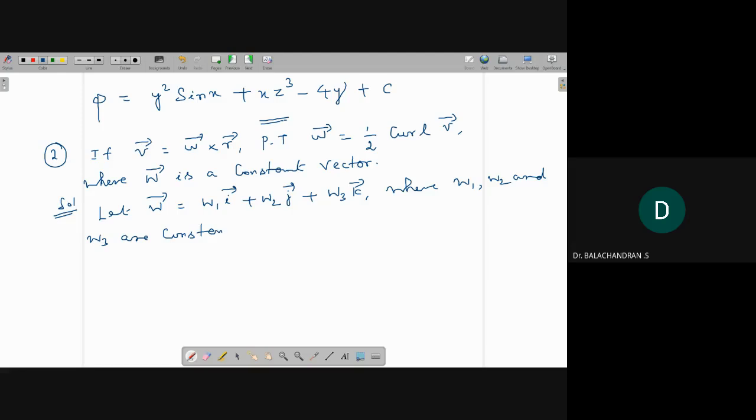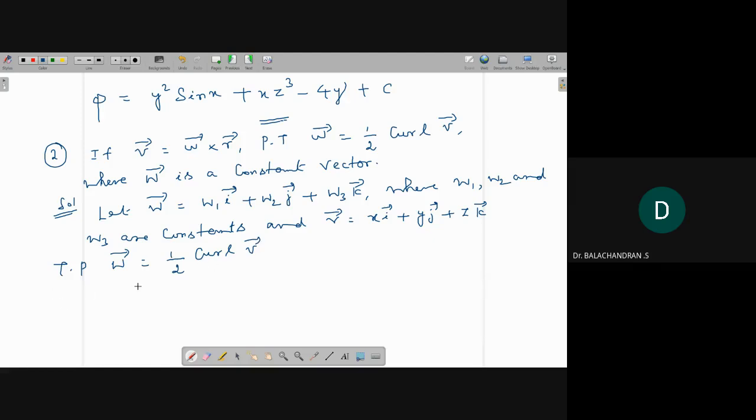And r vector is a position vector, so I'll take this as x i vector plus y j vector plus z k vector. So this is r vector. So I need to prove w vector equals 1 by 2 into curl v vector.